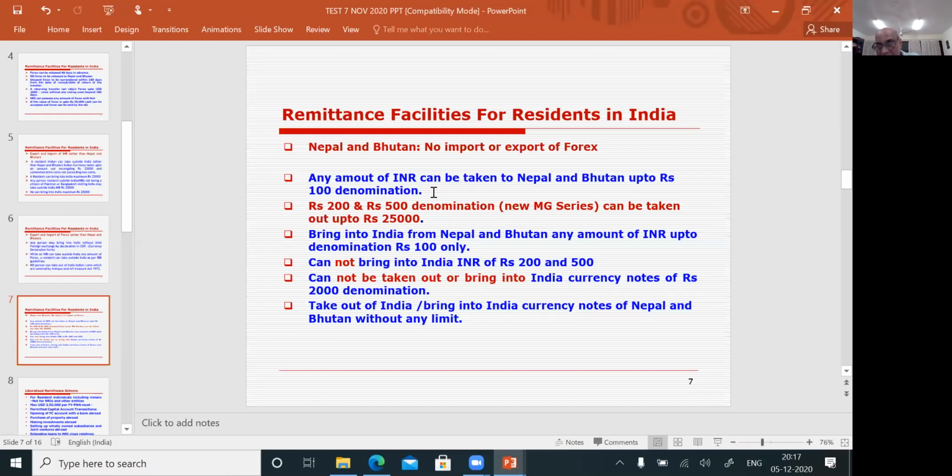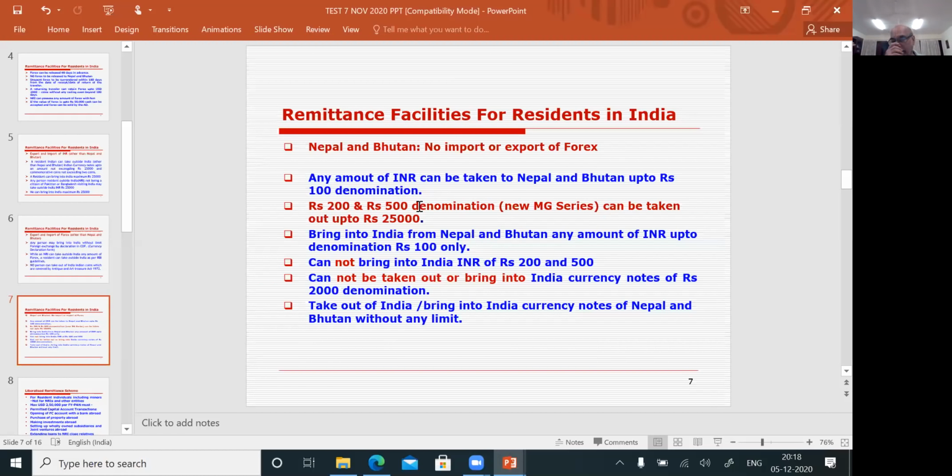If you want to carry 200 and 500 denomination, new Mahatma Gandhi series, that also can be taken, maximum 25,000 rupees only.